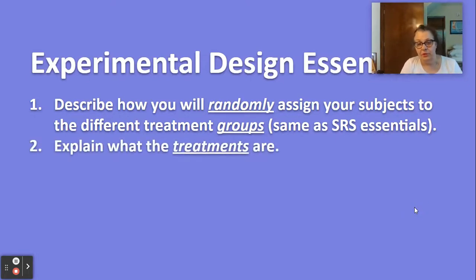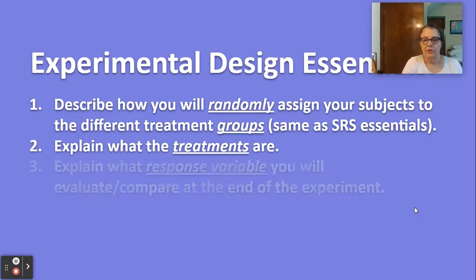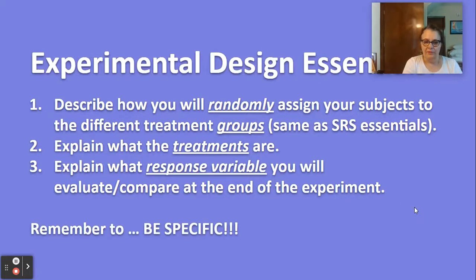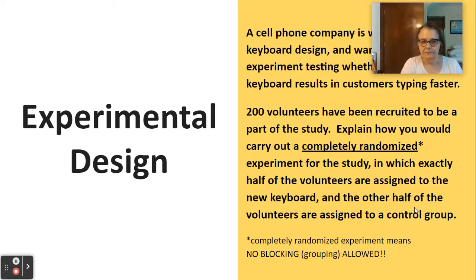You have to explain what the treatments are, and you have to explain what the response variable is, what it is that you're looking to measure or evaluate or compare at the end of the experiment. And then remember, you have to be specific. You don't just say, I'm going to randomize and give one treatment one without explaining what treatment one is. I can't say that I'm going to compare the 2 treatments without saying what exactly it is that you're comparing. You have to be detailed, be specific.